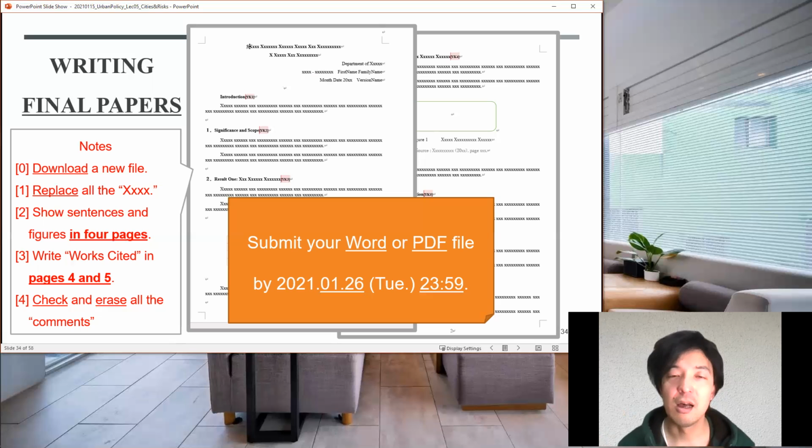However, on the contrary, if you get close to 40 points in this final paper, it means that you almost get 100 points. This means that you will get S or A+ in the final grade of this course, right? So I would like you to make a big effort to write these papers.